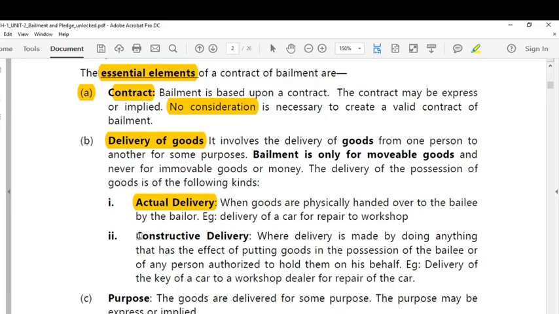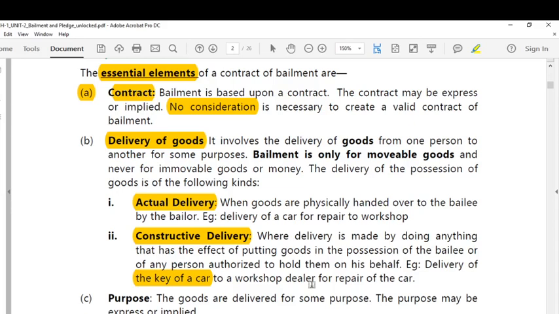Constructive delivery is where delivery is made by doing anything that has the effect of putting goods in the possession of the baili. Right. So say for example, delivery of the key of a car to a workshop dealer for repairing of the car. It is a constructive delivery.